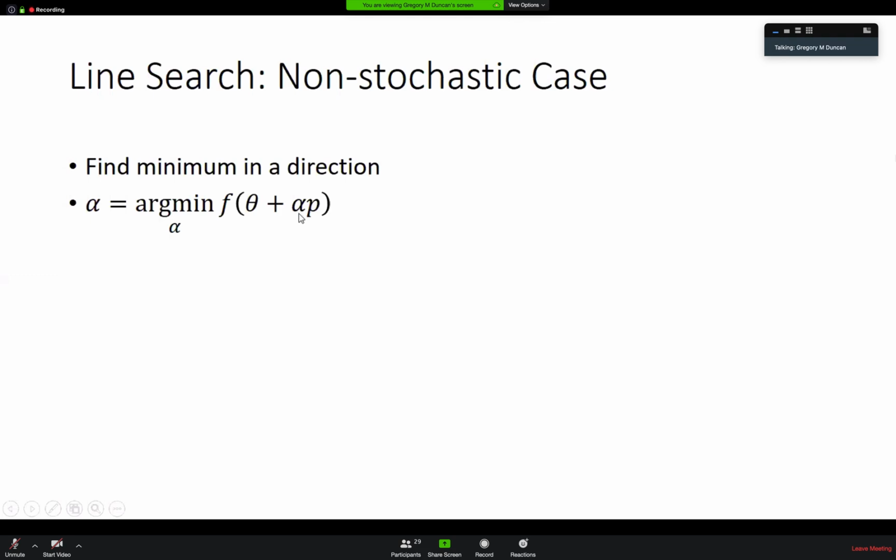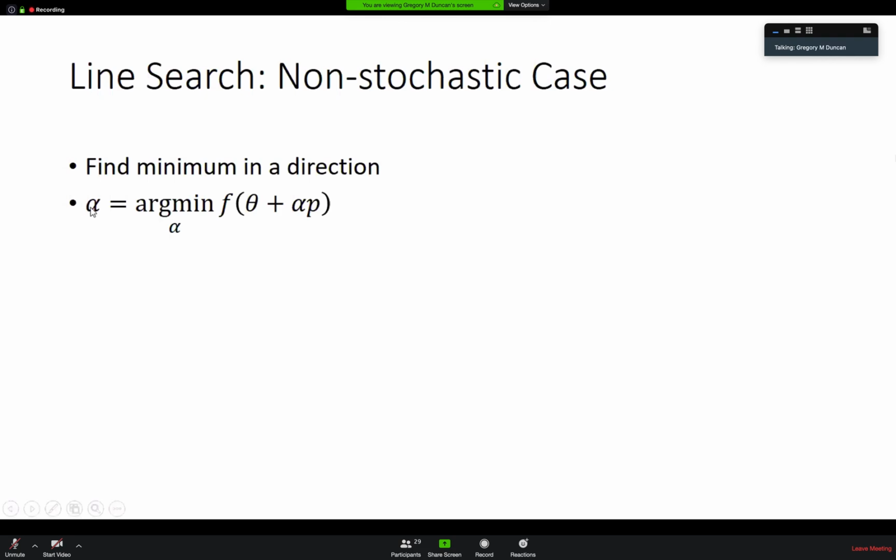Okay. And then we have how far we're going to go along until we stop. And what we're going to do is minimize this. We're going to fix this, and I'm going to say, take the alpha that minimizes f in the direction p starting at theta.